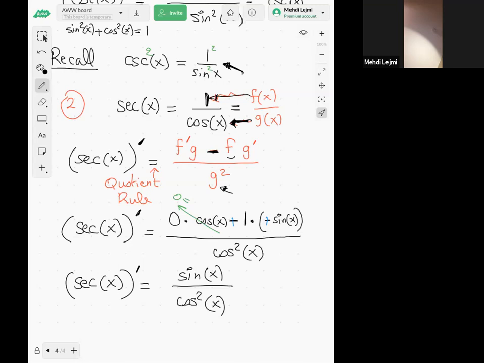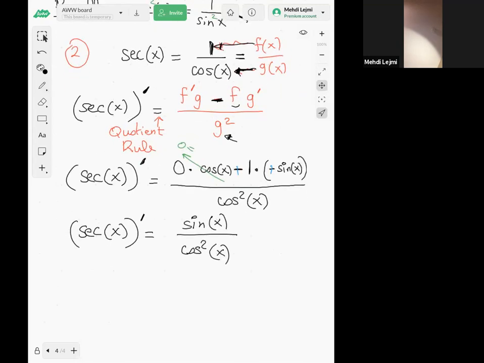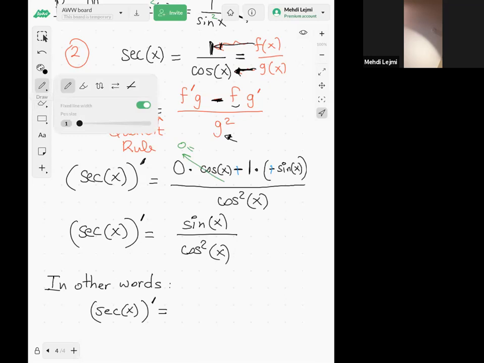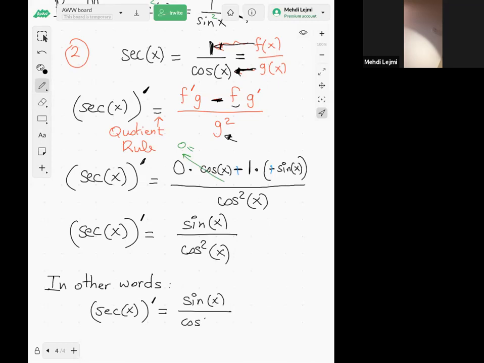And actually, there's another way to express this derivative. You can write the derivative of secant of x, which is sine over cosine squared, like sine over cosine times cosine.